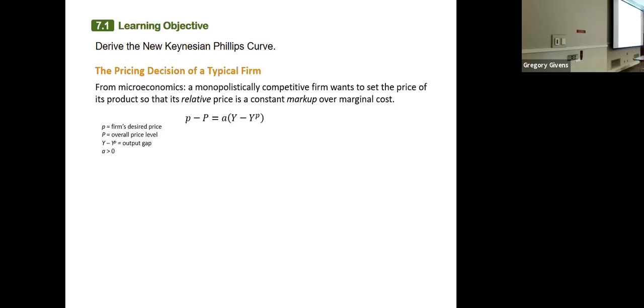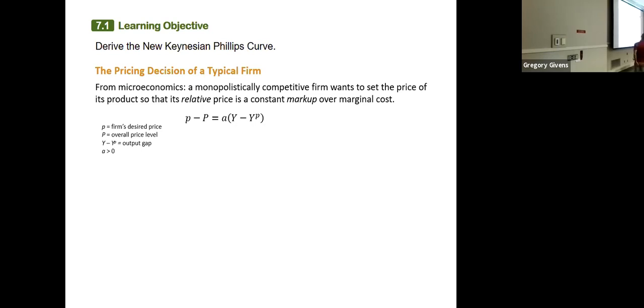When you think of a relative price, it's the firm's price divided by the overall price, right? But if you write that in natural logarithms, what happens? The log rule of division means you can separate it, and it's the log of one minus the log of the other, right? So this would be like the log of the firm's price minus the log of the aggregate or overall price.